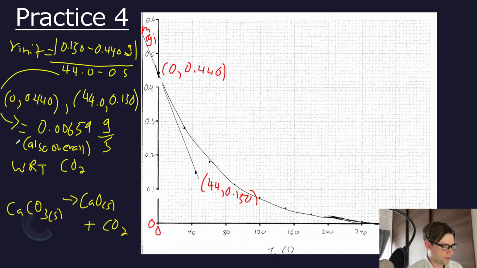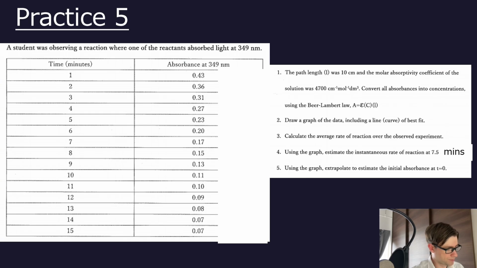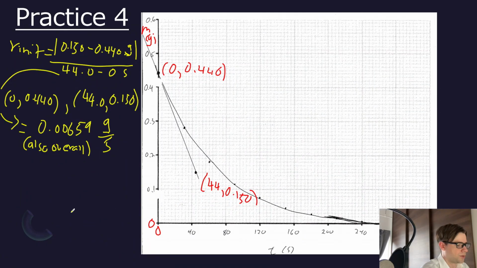All right, now this does ask us to find units of mole per decimeter cubed per second, though. So what to do? We've got gram per second. Just let me clean this up a little bit. So gram per second, we need mole per decimeter cubed per second.